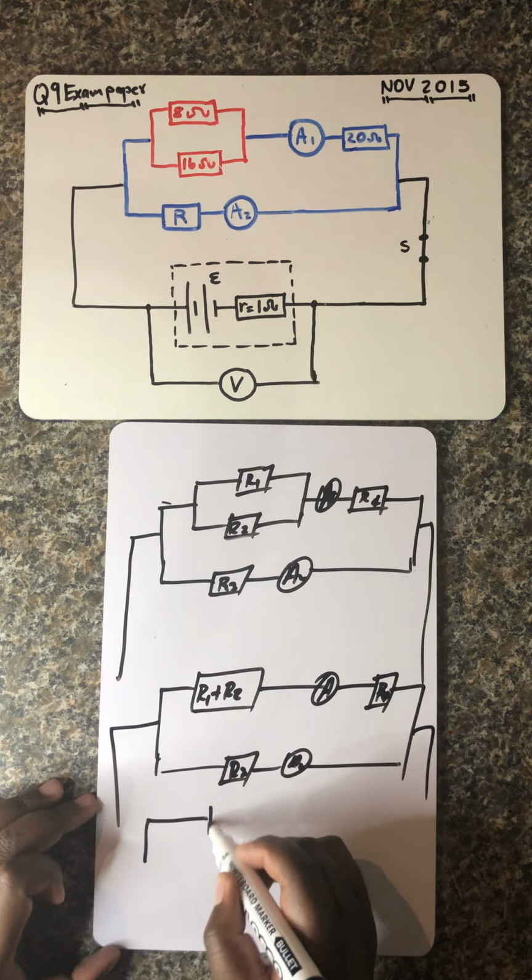When you use that formula to combine these 2 resistors to form one single resistor, okay, just know that the resistance of the combination of these 2 is smaller than the smallest resistor.